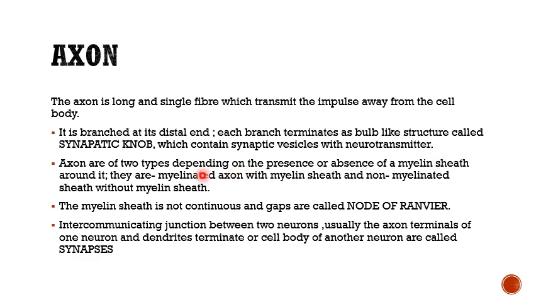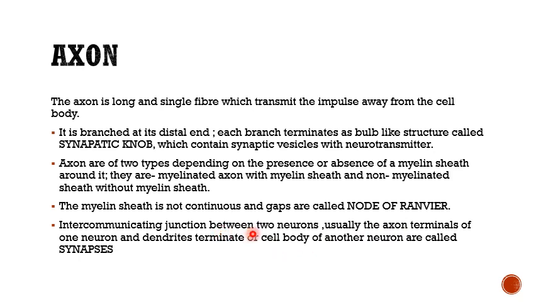Axons are of two types depending upon the presence or the absence of the myelin sheath. They are myelinated axons with the myelin sheath and non-myelinated without it. Myelin sheath is not continuous and the gaps are called the nodes of Ranvier.